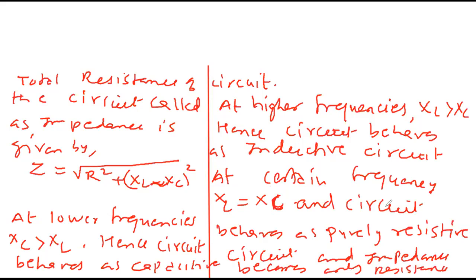Okay, this much, right? So this all gets cancelled, Z becomes only R. Just two more lines. This condition is called series resonance.